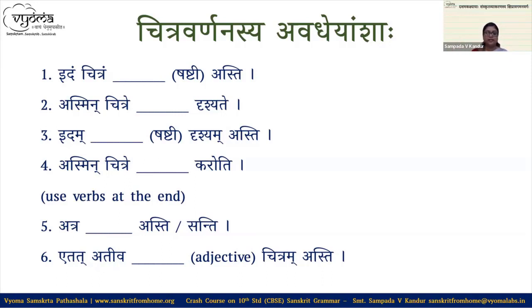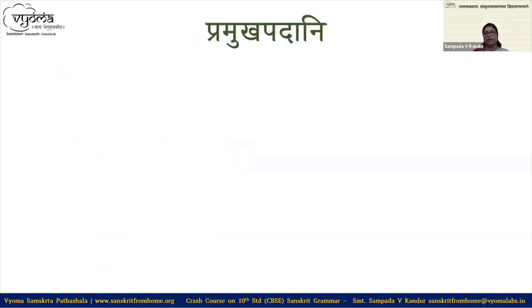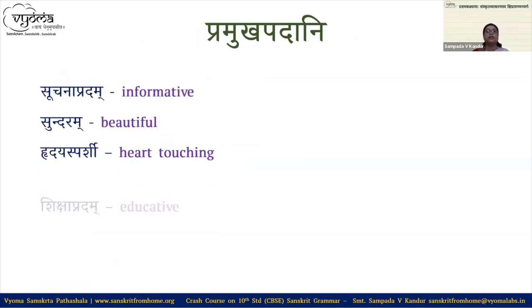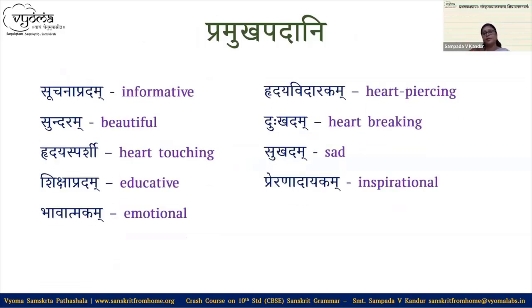Now, etat ativa dash chitram asti is there. At that time, what can you use as an adjective? I have given some options here. Now, what is this picture? What is the emotion given in that picture? Okay. Suppose the picture is very informative.